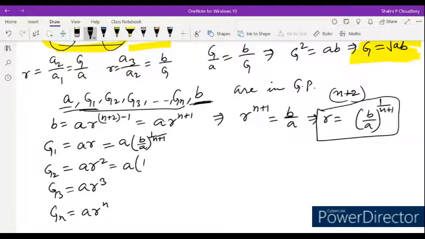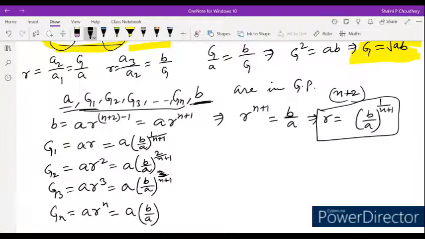A into B upon A to the power 2 upon n plus 1, A into B upon A to the power 3 upon n plus 1, similarly A into B upon A to the power n upon n plus 1.